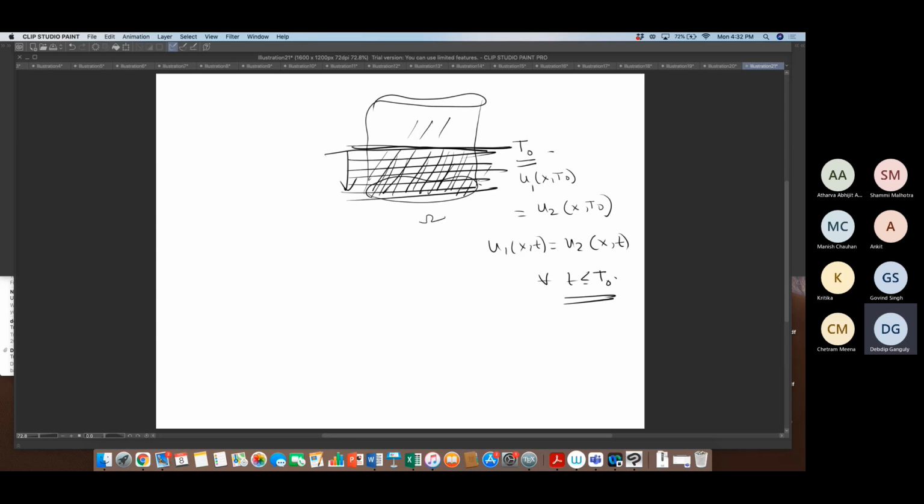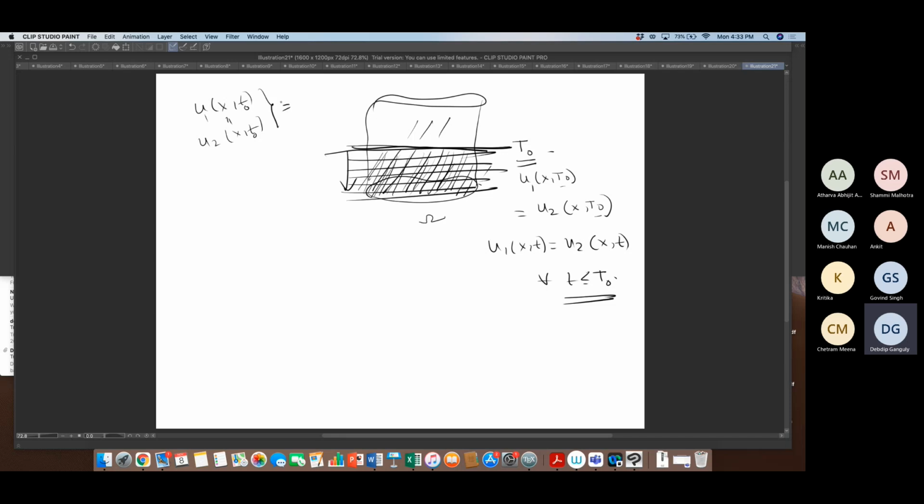Is that statement clear to all of you? Because u1 is a function of (x,t) and u2 is a function of (x,t), if at some level t naught they are equal for all x, then they will be equal all along below t naught.